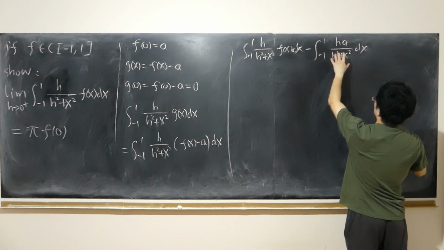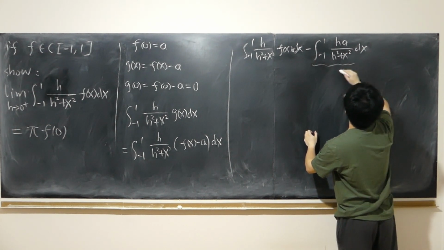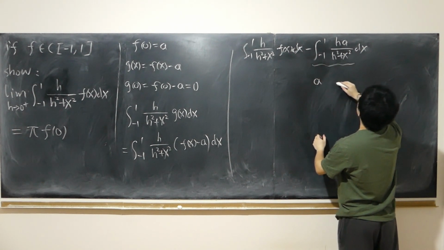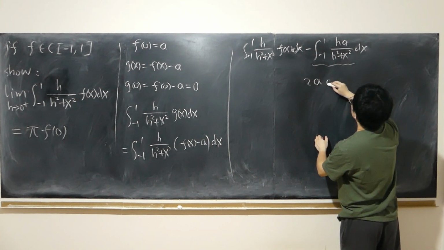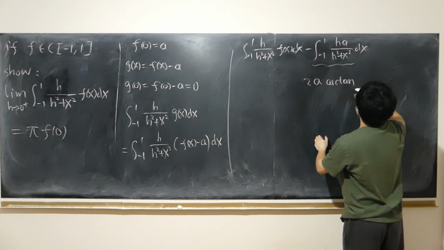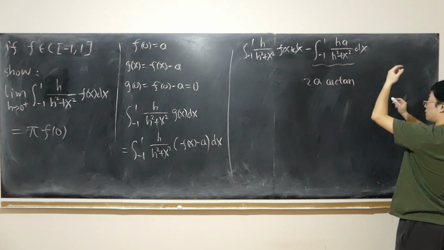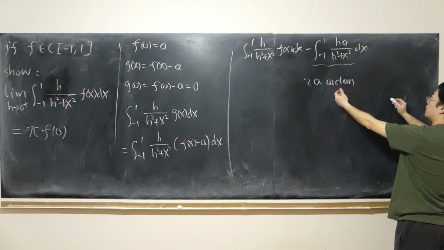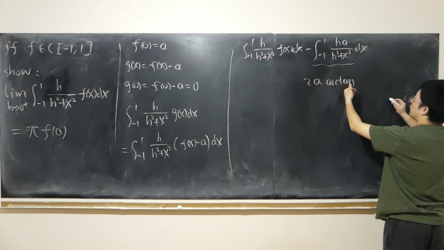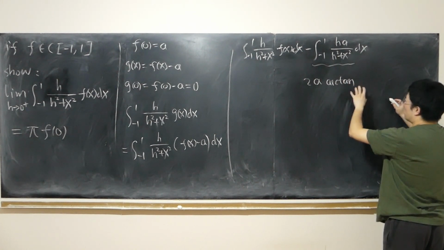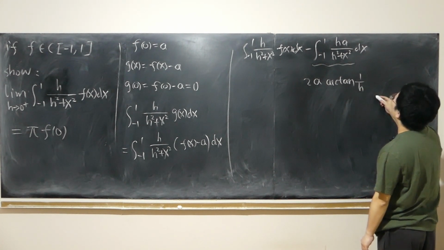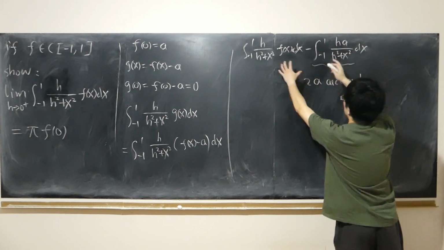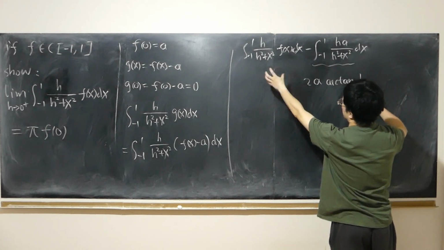This should be equal to a times, I think it's twice, if I remember correctly, twice arctangent of x over h evaluated from negative 1 to 1. So I think it's twice arctangent of 1 over h. So the whole thing approaches 0 as h approaches 0.